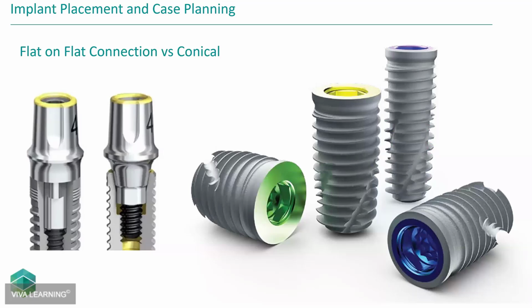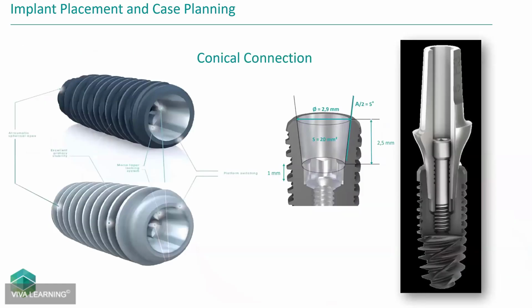A lot of people over the years have blamed a lot of the crestal bone loss on flat connections early on, and micro wicking and a lot of things that we won't get into tonight. It's a little bit up in the air.